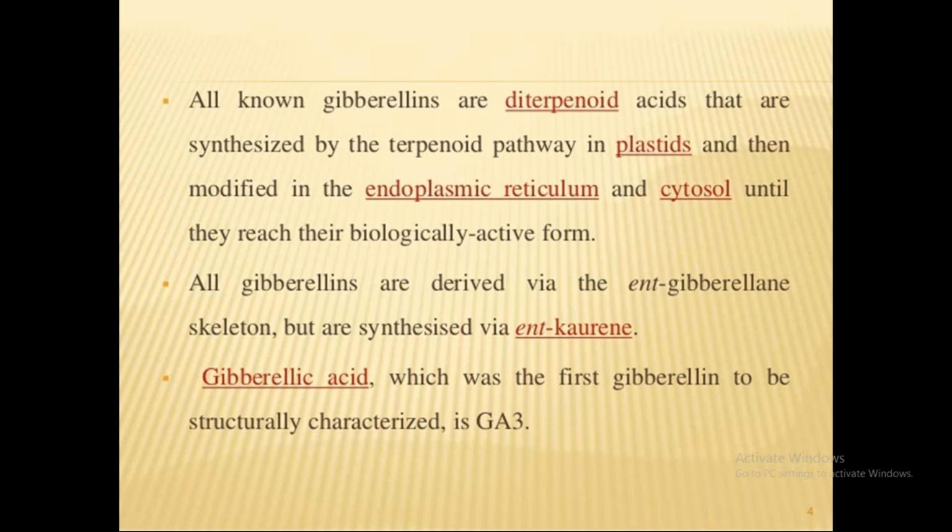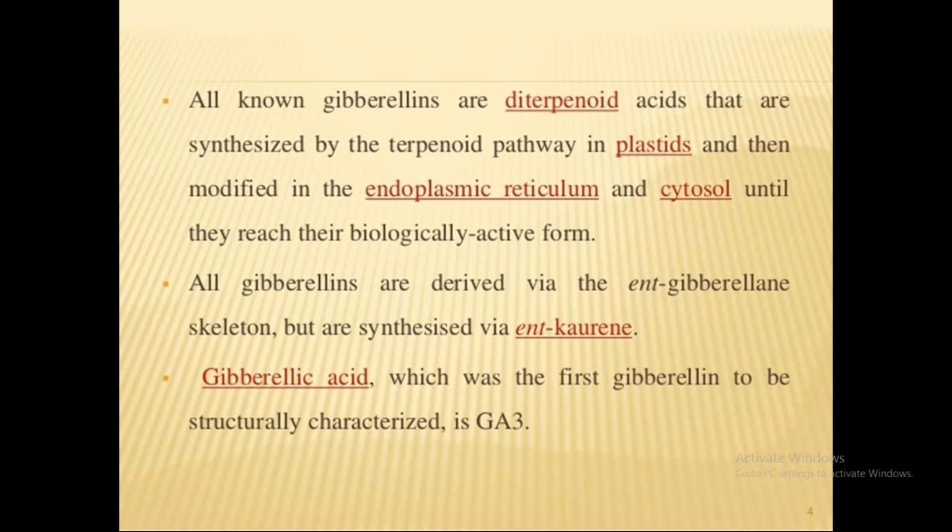Later on, it was discovered that the fungus releases a substance mainly responsible for plant growth, and from this fungus Kurosawa discovered the gibberellin hormone. So the first source of the gibberellin hormone was the fungus. जो first source था, that was the fungus. Clear, students? Discovery समझ में आई सबको?